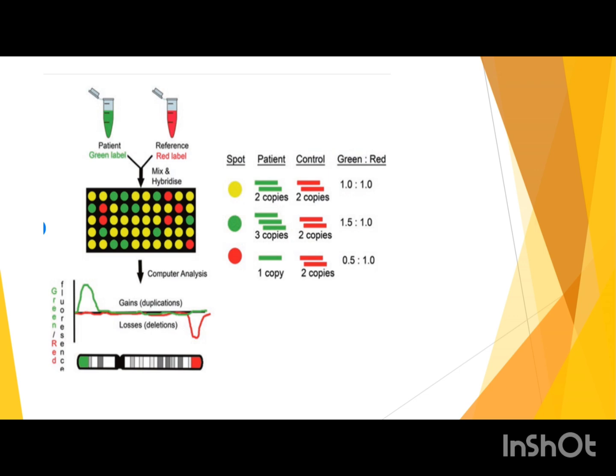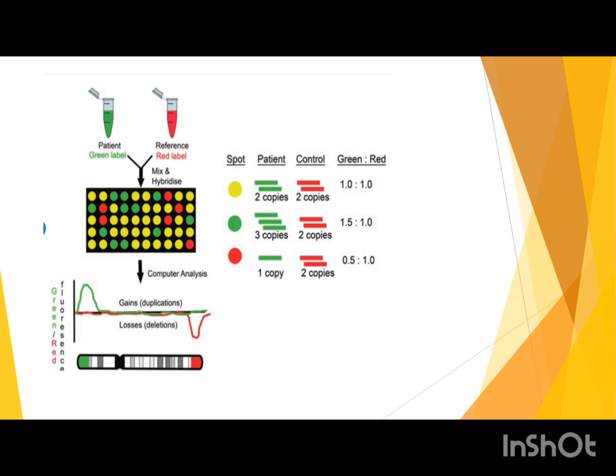If there is more red, it will be tilted towards red. So these fluctuations denote gain or deletions. If the value is 1:1, there is no addition, no deletion. If the value increases from 1, there is addition. If it decreases from 1, there is deletion.